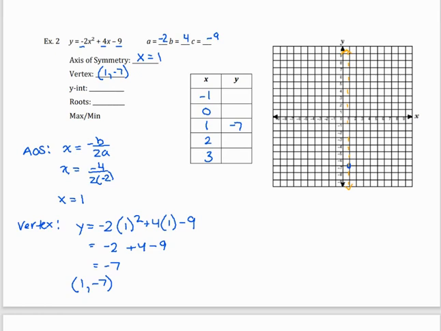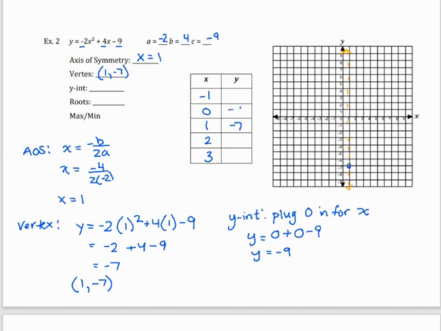I'm going to start with 0. If I plug 0 in, that's also the way to find my y-intercept. Okay, a y-intercept is found by plugging 0 in for x. So if I plug 0 in, we get y equals -2 times 0 squared is 0, plus 4 times 0 is 0, minus 9. We get y equals -9.